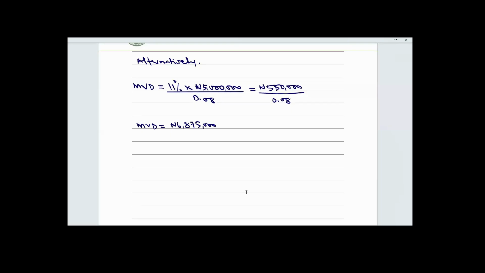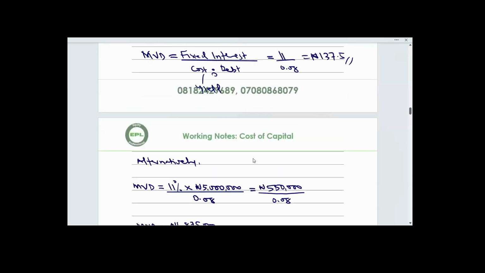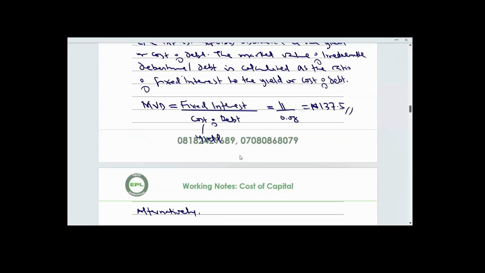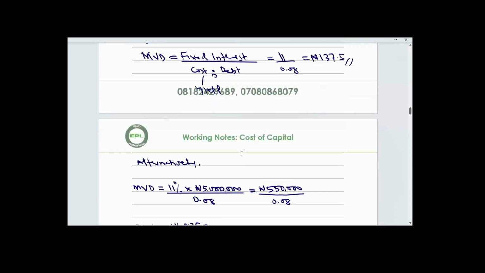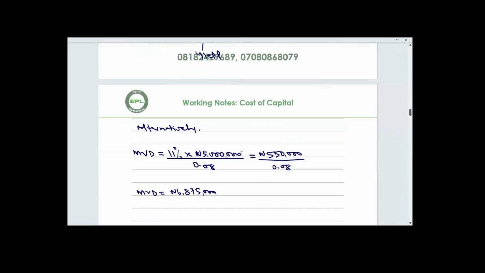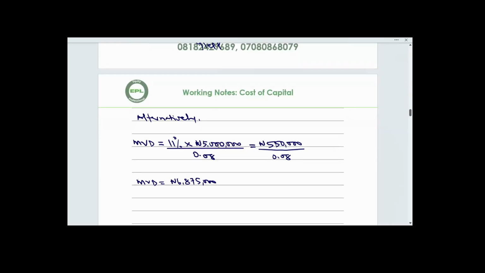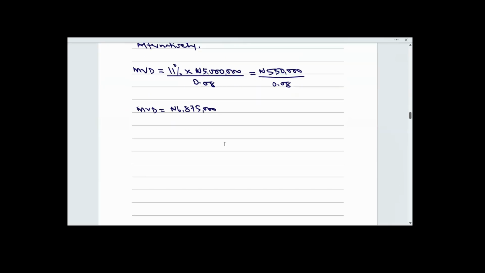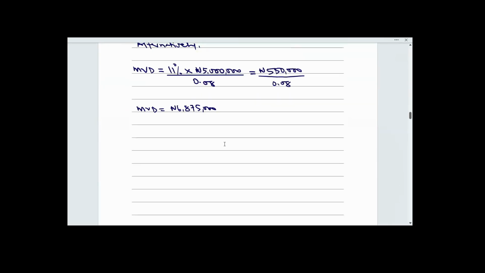Now, we have calculated the value of the debt. Let me rewrite this formula so that it will be clearer.